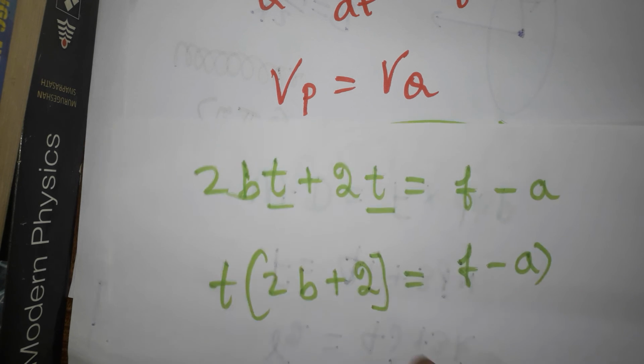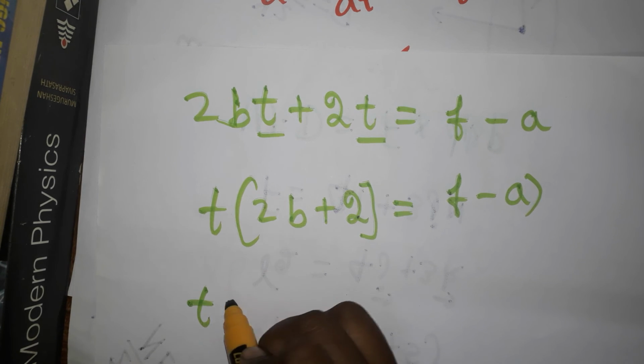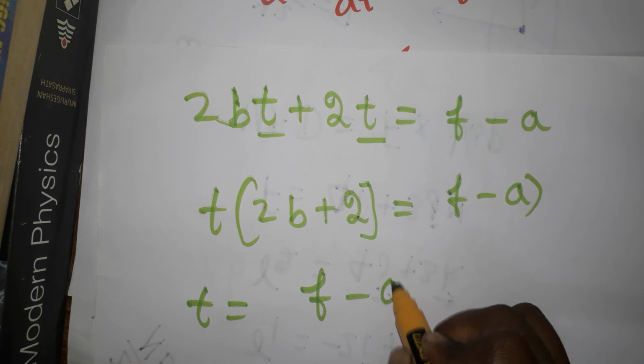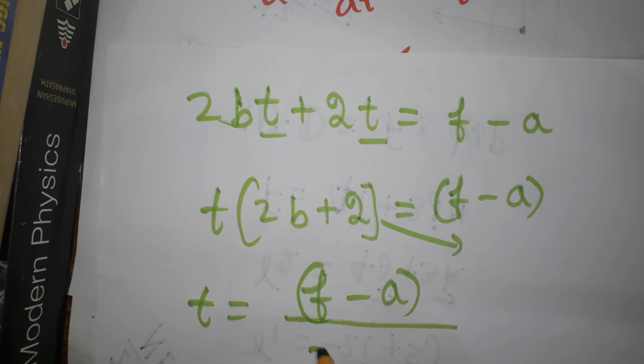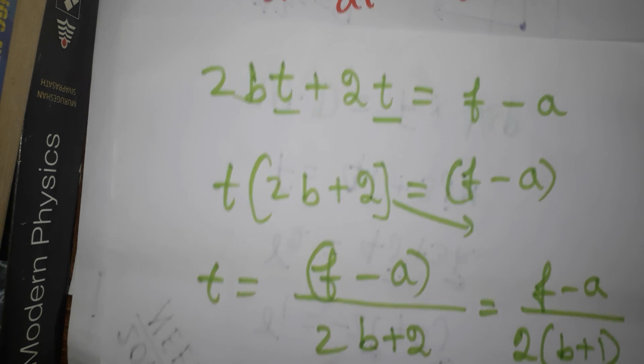Taking 2 common outside, t is equal to f minus a divided by 2 times b plus 1. This is the final equation we get.